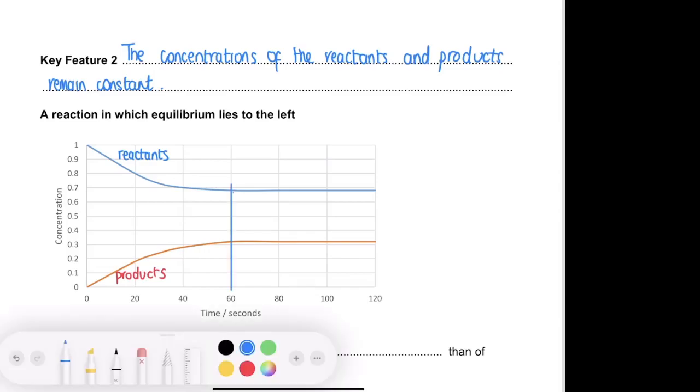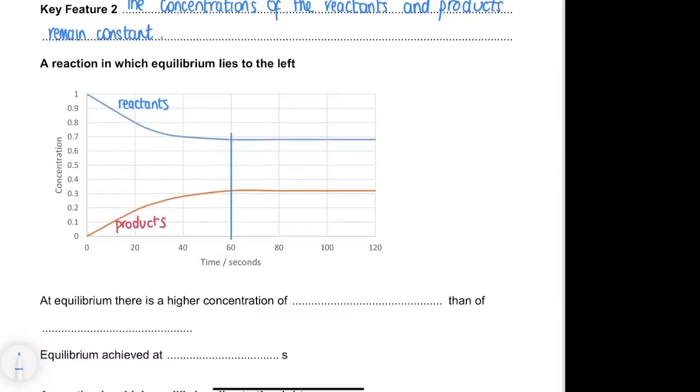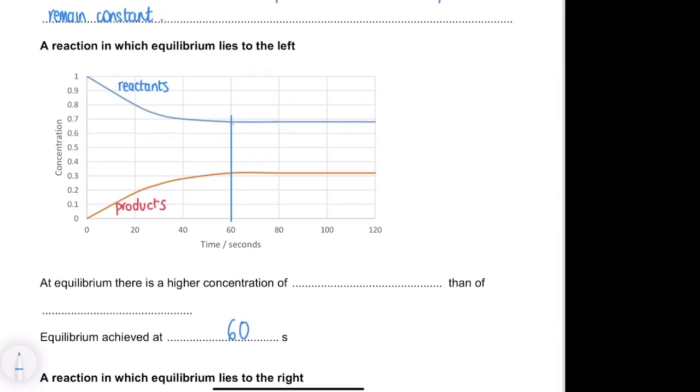If we have a look at that second key feature, we can see that at 60 seconds those two lines level off and remain constant from that point on, and therefore we have achieved equilibrium at 60 seconds. Now this is an equilibrium that lies to the left.